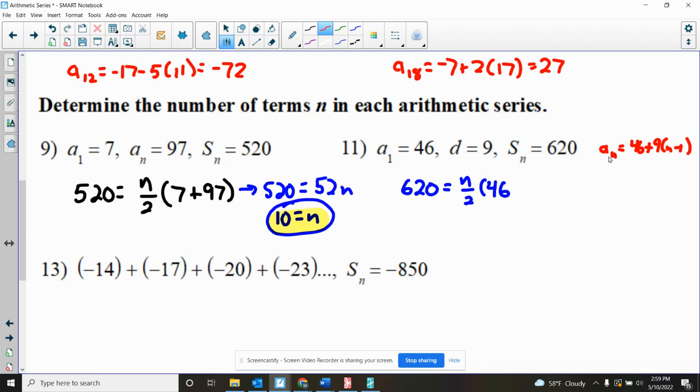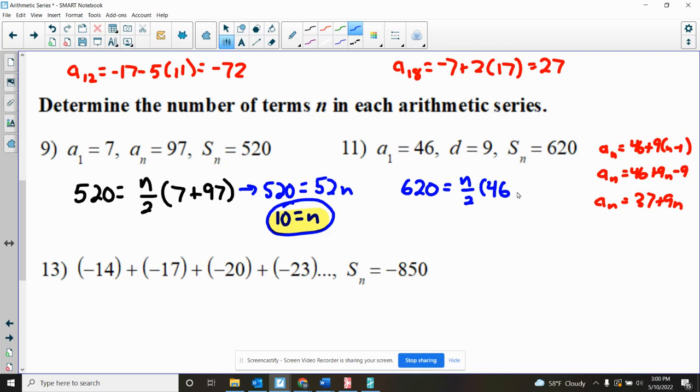Here's the thing, though. We don't actually know how many terms we have. So there's got to be an n that stays in here. Let's see what we got. So a sub n equals 46, distribute the 9, plus 9n minus 9. I'm going to combine the 46 and the minus 9 to get, what is 46 minus 9? 37 plus 9n.